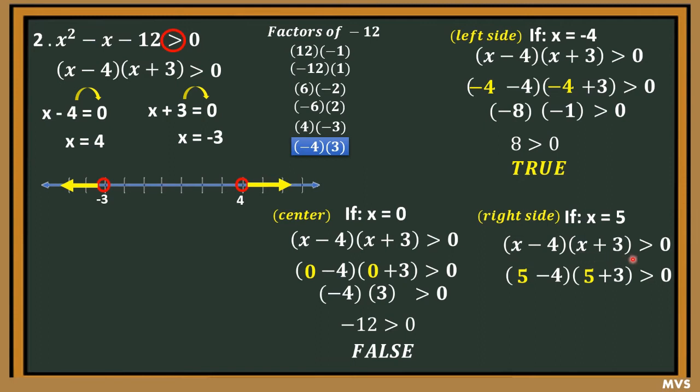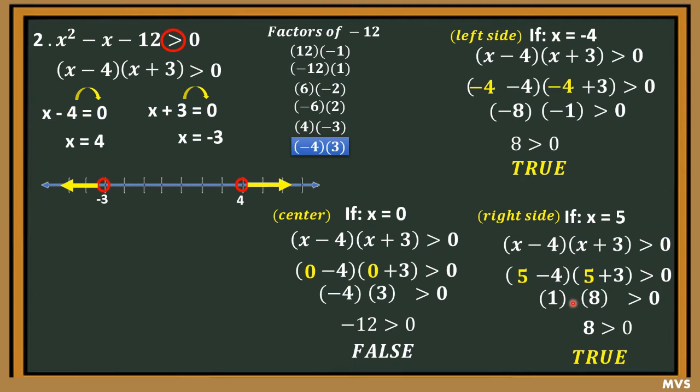Simplify it. 5 minus 4, +1. 5 plus 3, +8. Just copy greater than 0. Multiply the 2. That is 8. Is 8 greater than 0? Yes, that is true. It means that the right side is included in the solution set.